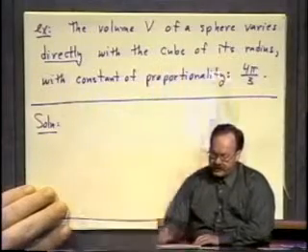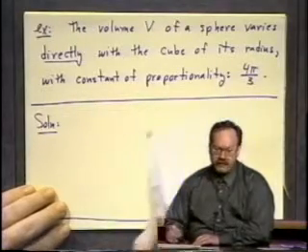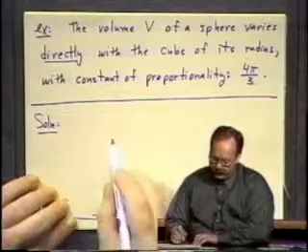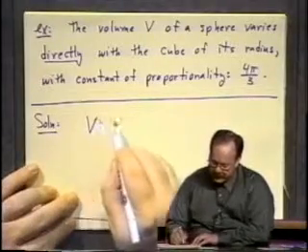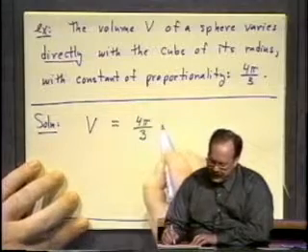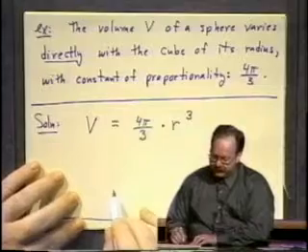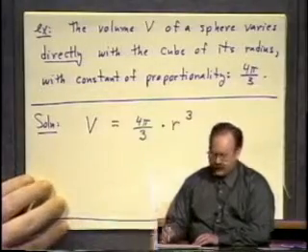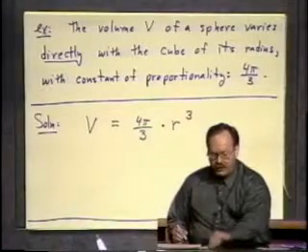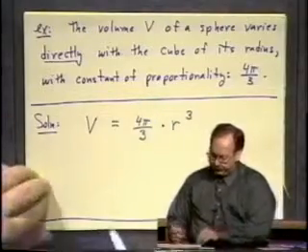It varies directly with the cube of its radius, and the constant of proportionality is given to us to be 4 pi over 3. Well, that means volume is equal to the constant of proportionality 4 pi over 3 times, this is direct variation, r cubed, where r represents the radius. That's it. All I wanted to do was write down a direct variation, and now I've done so.